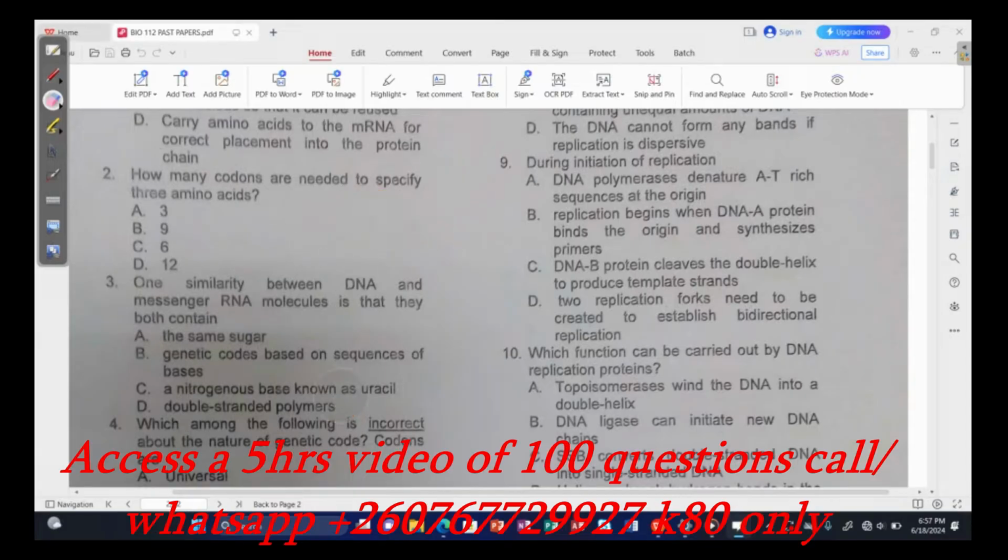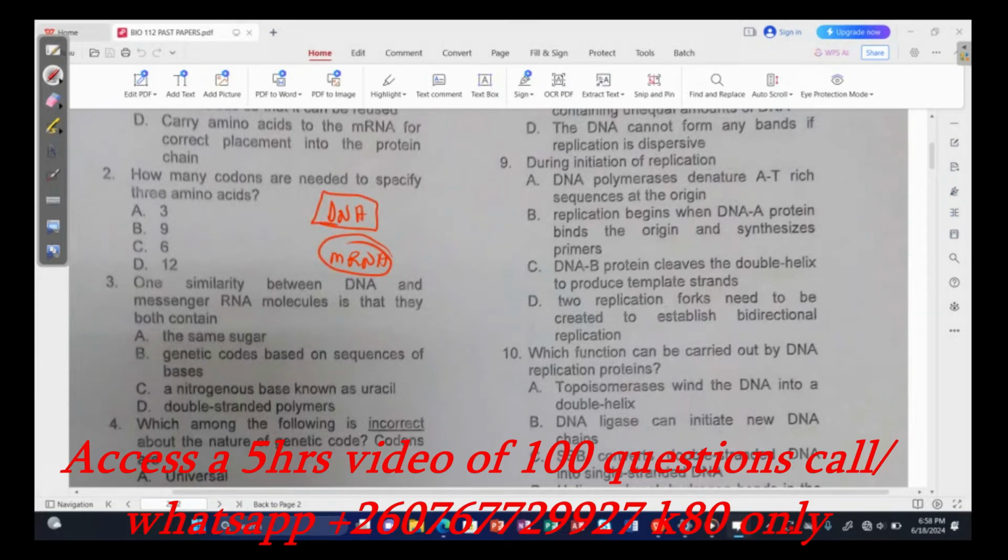So the correct answer here is going to be option B. That is, both messenger RNA and DNA have genetic codes based on sequences of bases. What we mean by this is that you first need to have DNA. Then from DNA, after transcription you have RNA. So in short, you cannot have messenger RNA without DNA.